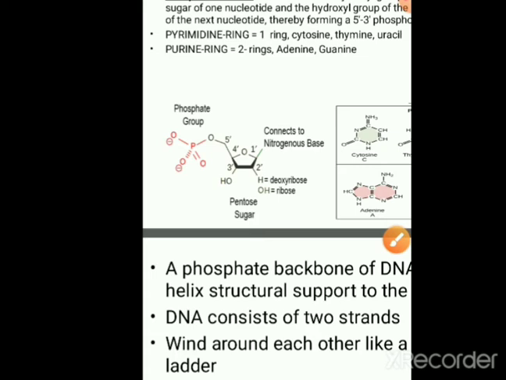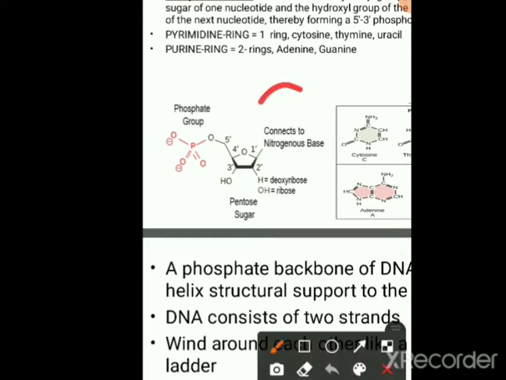So two phosphate groups attach by releasing water molecules, one upon each attachment. Ultimately, 2H2O is released upon attachment of two phosphate groups. At this point, it connects to this; this side is responsible for the connection of nitrogenous bases.